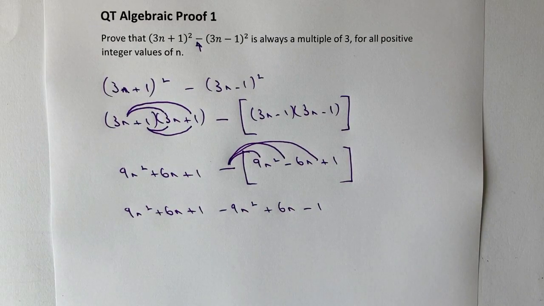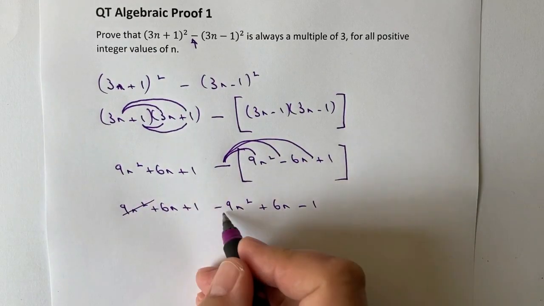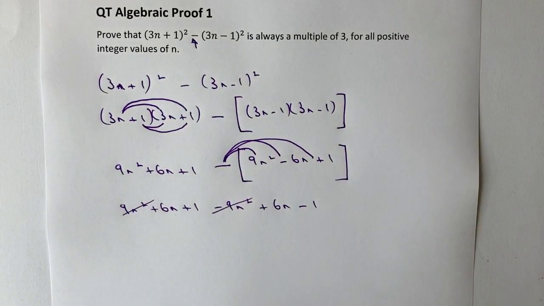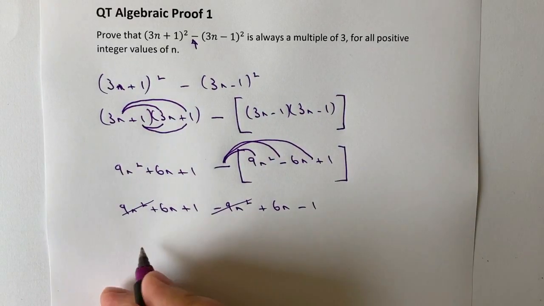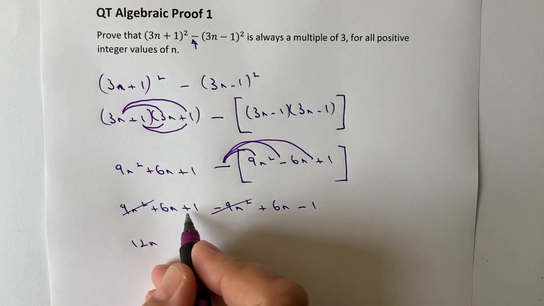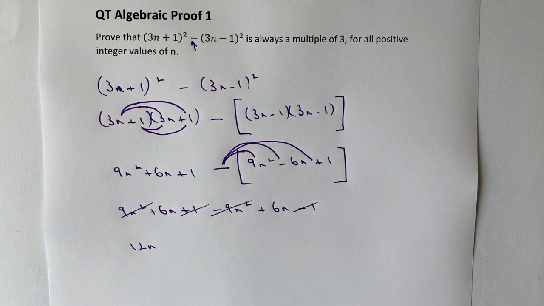All right, so let's now tidy everything up. 9n squared minus 9n squared is going to cancel themselves out. I've got plus 6n plus 6n, which is 12n, and then plus 1 minus 1 will cancel out, so all of this reduces down to 12n.